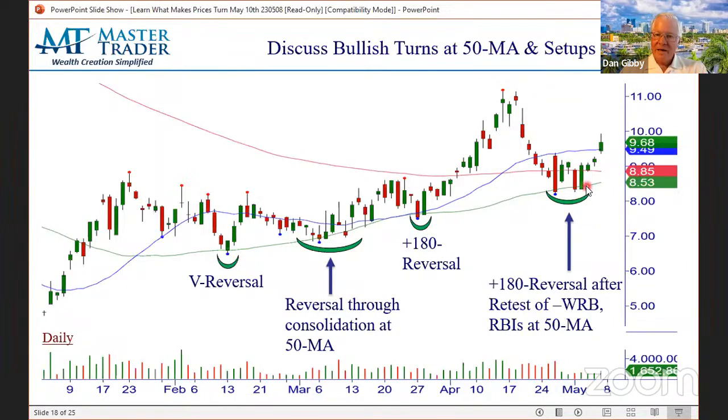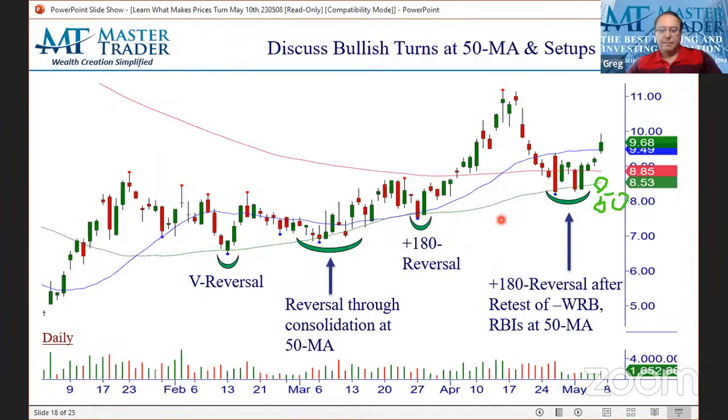Now I have a 180 reversal retest and a 1, 2, 3. We enter the following day, because now if you count all these, 1, 2, 3, 4, 5, I have a 6-bar reversal at the 50 MA, red bars ignored, 180 reversal on major support, and a 1, 2, 3, and a price void.